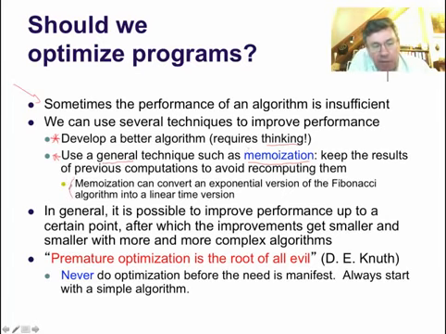A simple example: if you take a simple Fibonacci algorithm, the exponential version, and you memoize the results, it becomes the linear time version. The problem with this approach of improving the algorithm is that it only works up to a certain point. After this point, the improvements get smaller and smaller with more and more complex algorithms, and the complexity goes up very fast.